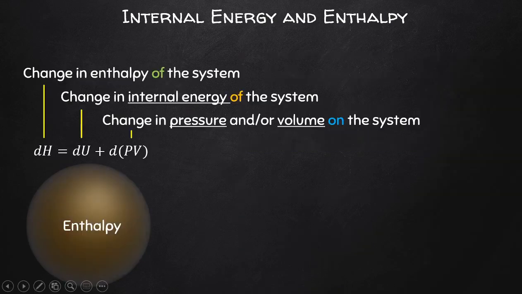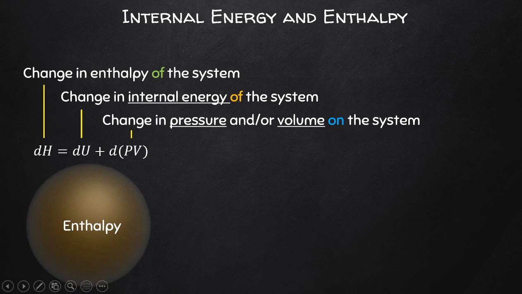It's also often helpful to consider the difference between internal energy and what we have been introduced to in the second year, known as enthalpy. Enthalpy is related to internal energy, but it also includes changes for the system as it relates to pressure and volume. This is captured by the addition of the PV term. Okay, so this can be the change in pressure or the change in volume or both.